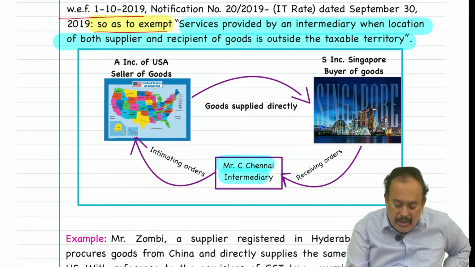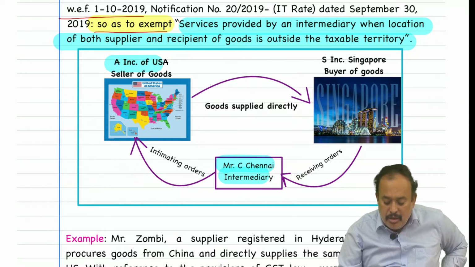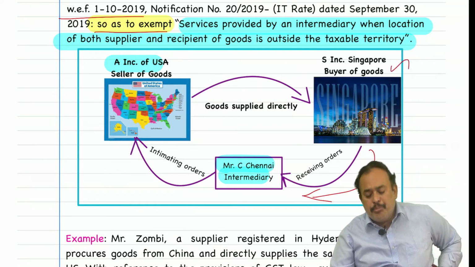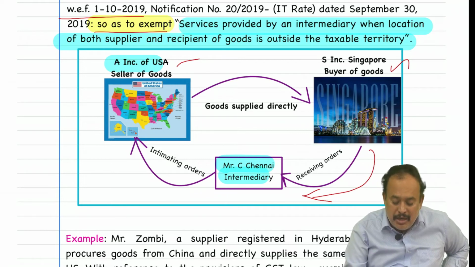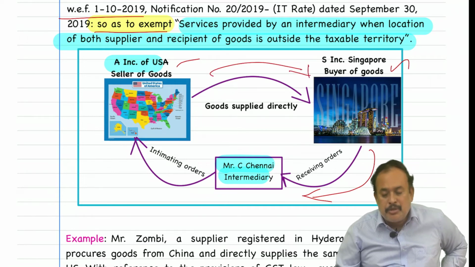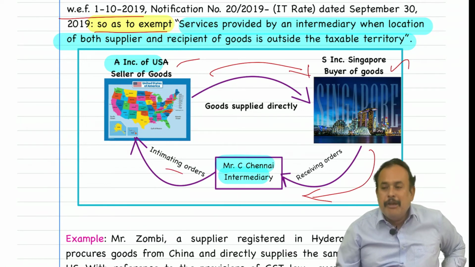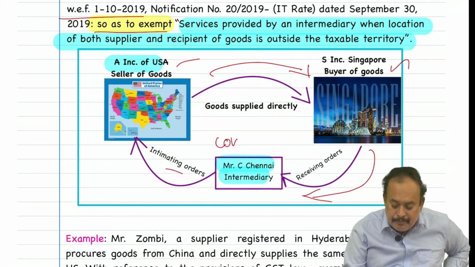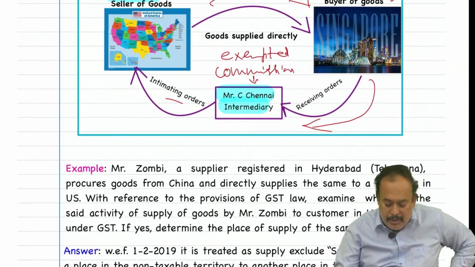On behalf of A Incorporation of USA, C of Chennai, the intermediary, received the order from S Incorporation, Singapore, the buyer, and the goods are supplied directly from A Incorporation USA to S Incorporation of Singapore upon intimation of the orders by Mr. C, for which C is getting some commission, which is exempted in the hands of Mr. C.